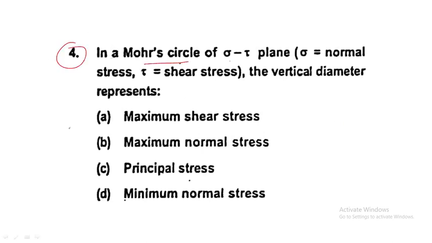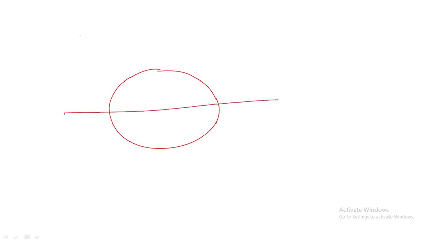In a Mohr circle, this is the tau minus sigma plane, that is normal stress and shear stress. This is normal stress and this is the shear stress. The vertical diameter represents what in the Mohr circle? What they are asking means, let me draw the circle. This is a circle, and if I put one line here and another line here, we can easily say this is shear stress.